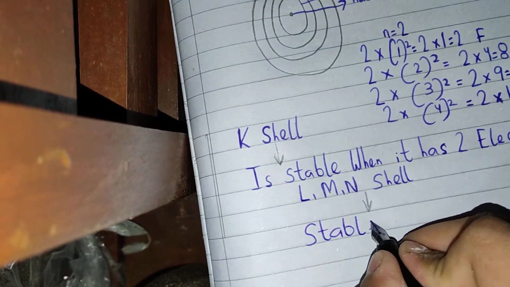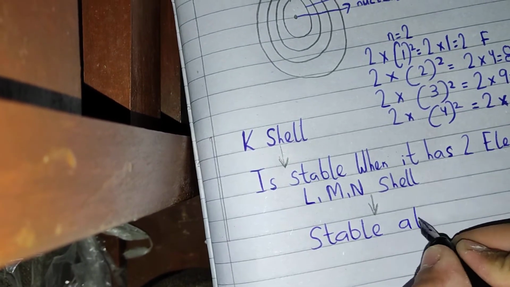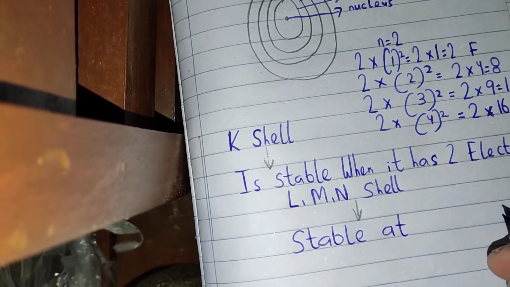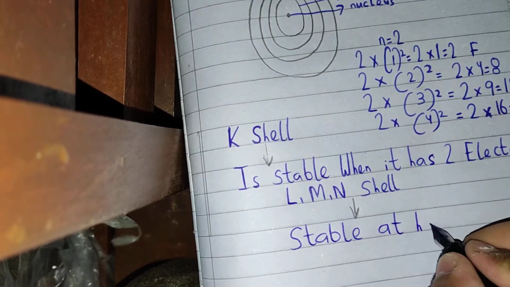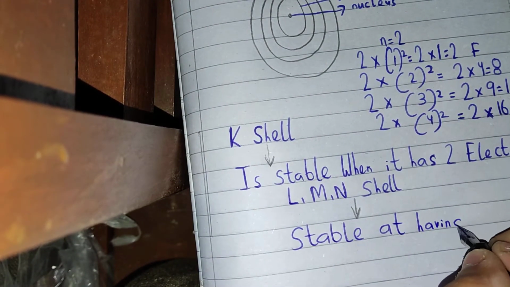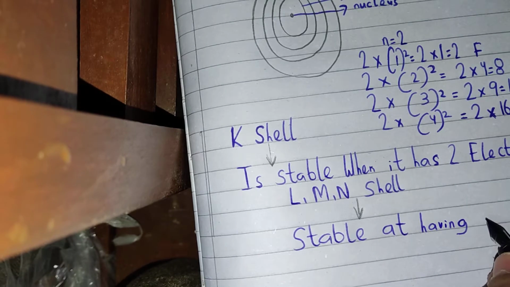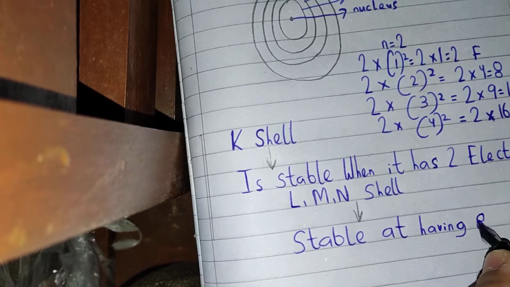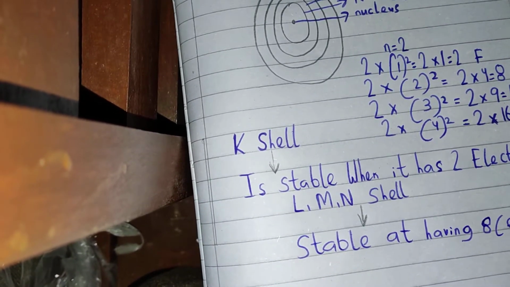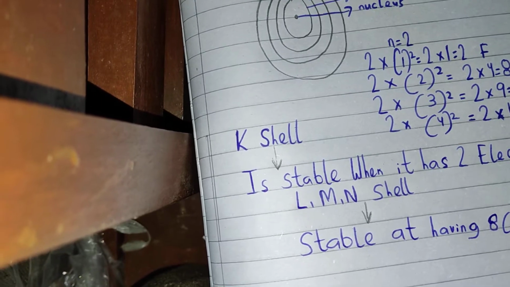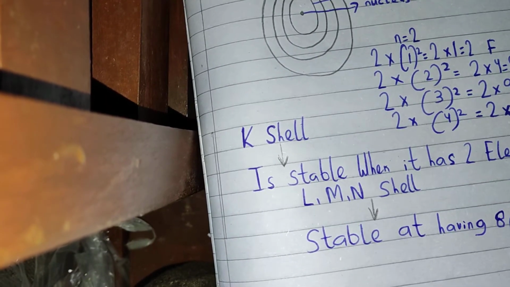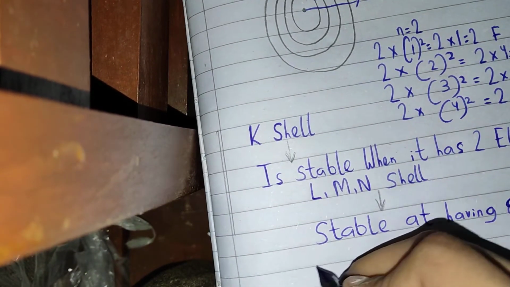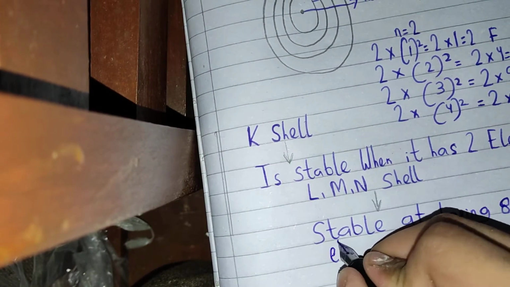These shells are stable at having 8 electrons.